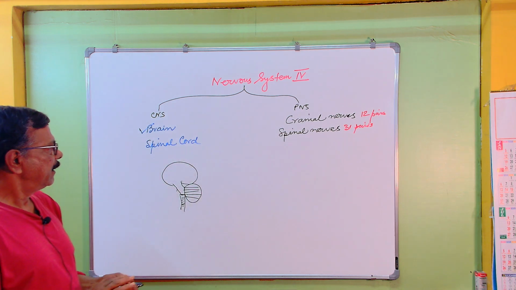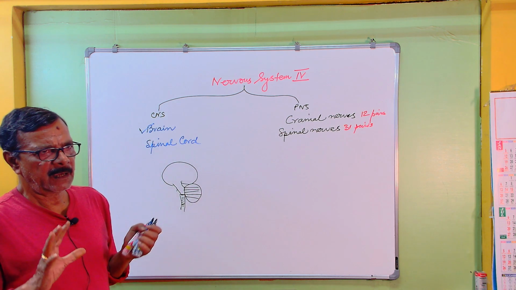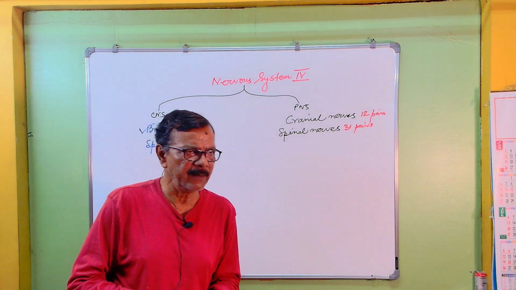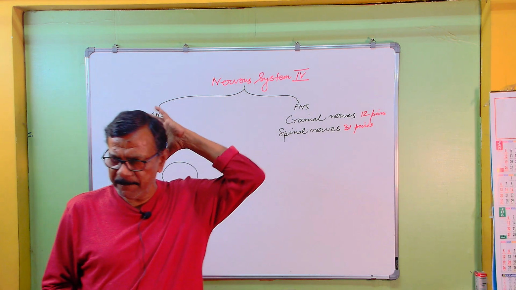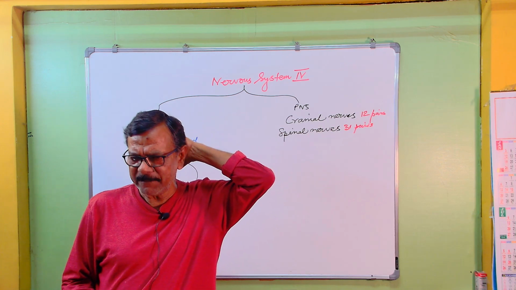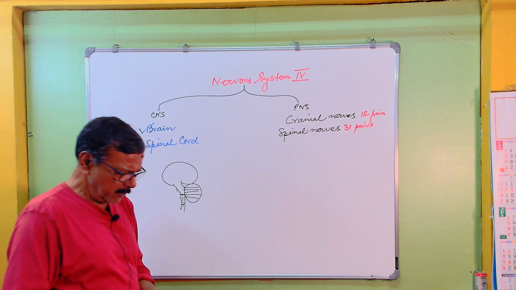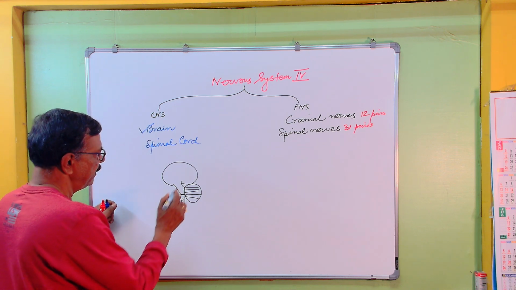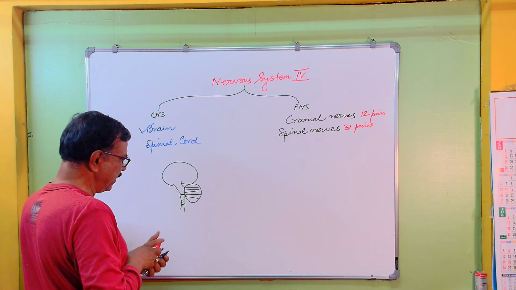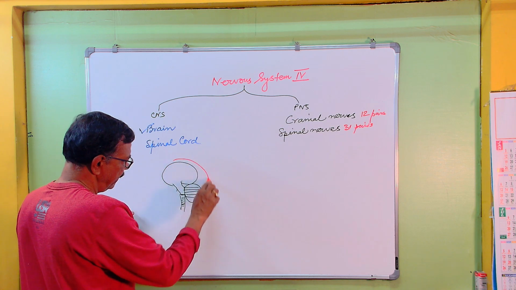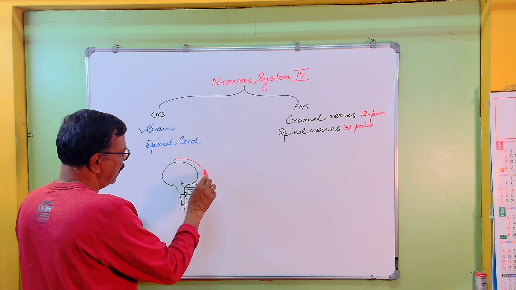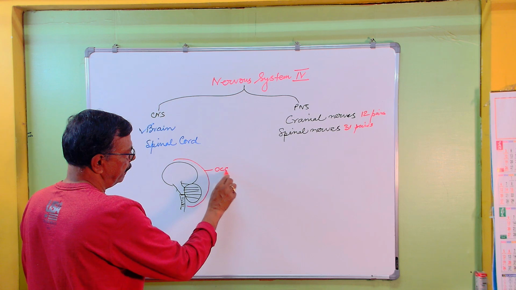Clear? Now during our skeletal system we learned that the skull has on the back side a bone known as the occipital bone.